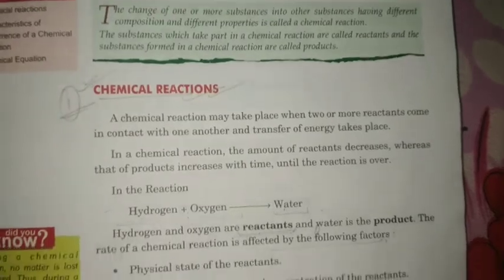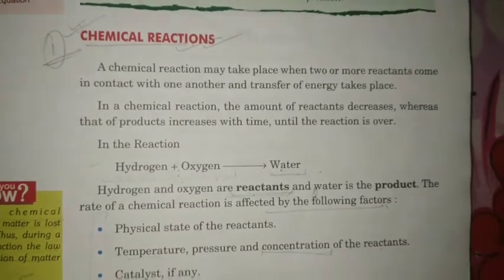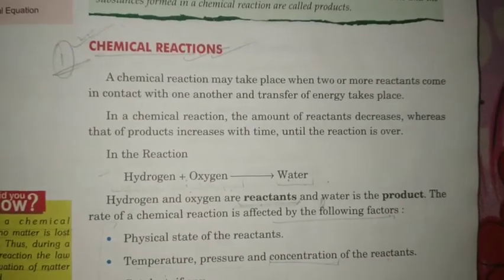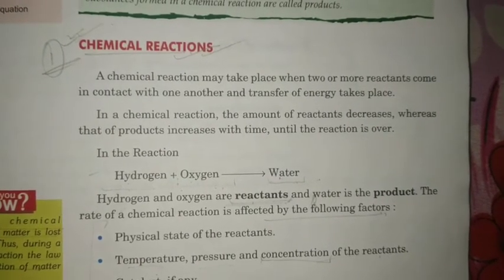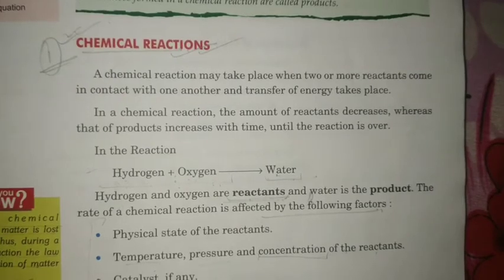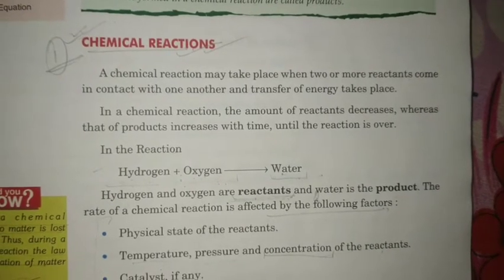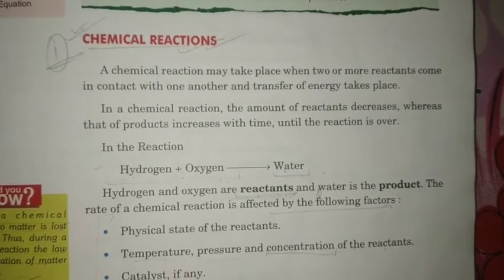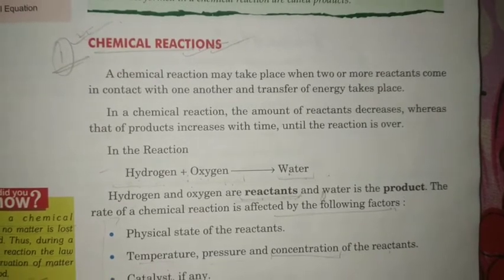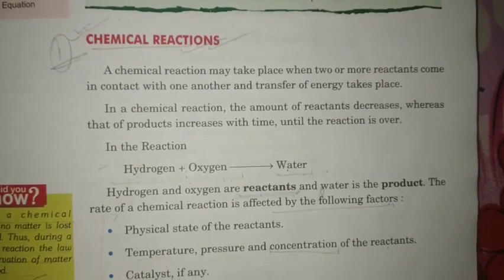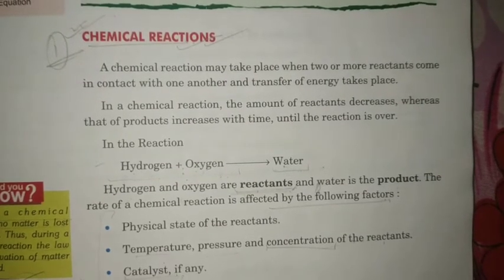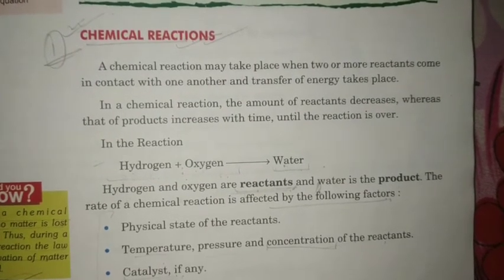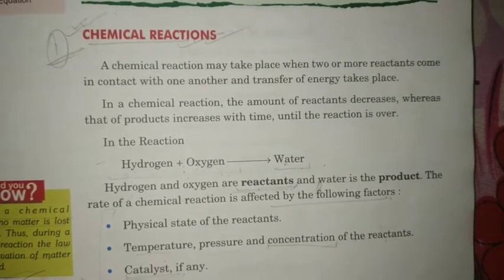Now let's move on. What is given? A chemical reaction may take place when two or more reactants come in contact with one another and transfer of energy takes place. In a chemical reaction, the amount of reactants decreases, whereas that of products increases with time until the reaction is over.